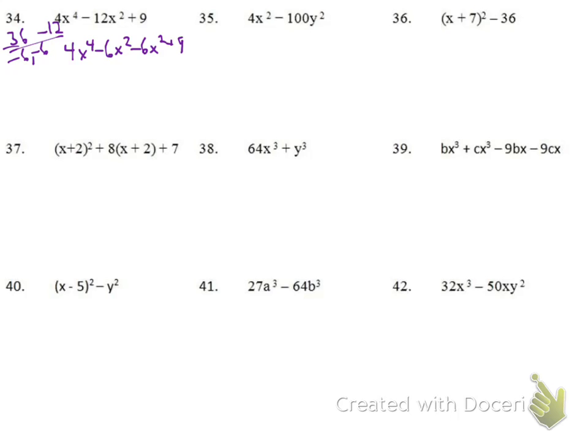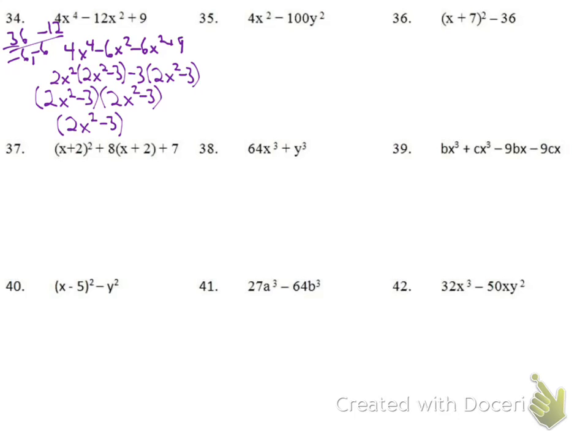I can factor out a 2x squared here, and I get 2x squared minus 3. And I could factor out a negative 3 here, and I get 2x squared minus 3. They both have the same in common. So I'm going to take 2x squared minus 3, 2x squared minus 3, and we actually notice they're the exact same thing. So we could even write this as 2x squared minus 3 squared.